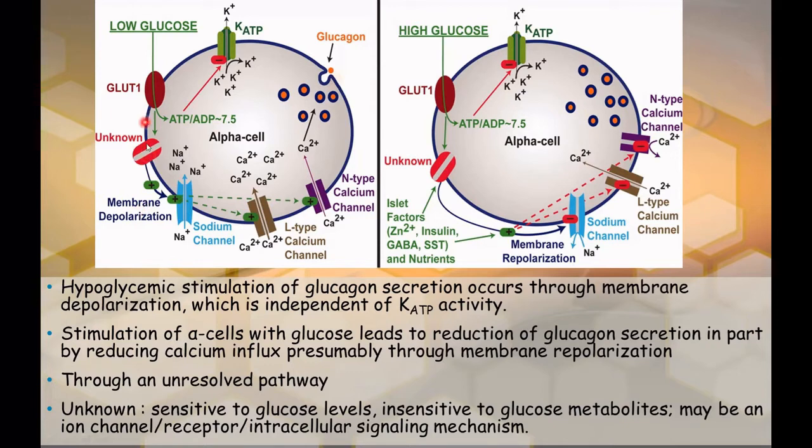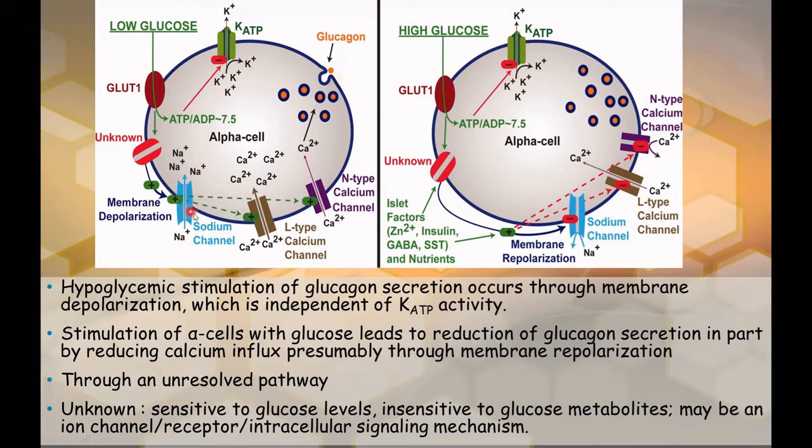And now we know that the unknown sensors are actually the GLUT transporters itself, and the membrane depolarization will open the sodium channels as well as the calcium channels. The sodium channel will increase the sodium concentration inside the cell by the movement of sodium from its higher concentration outside the cell to its lower concentration into the cell.